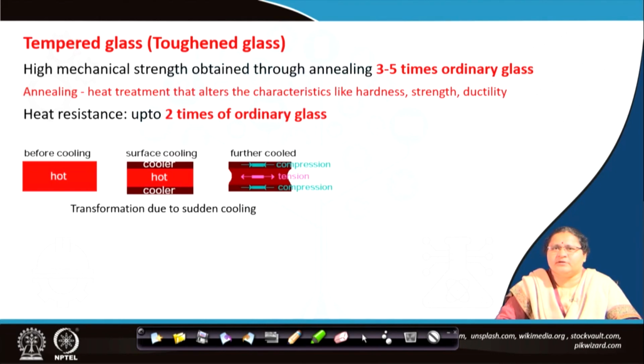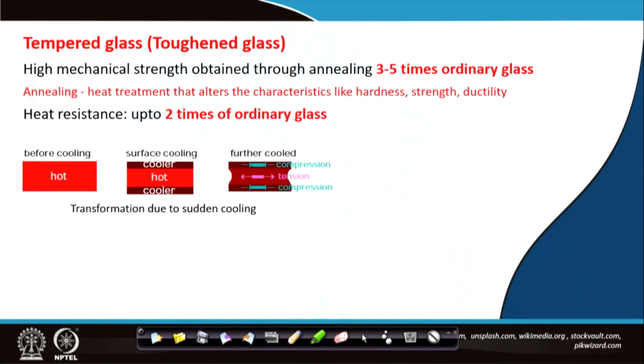So, do the people put up such a glass facade and still have a good sleep? They know that their glass will give them the protection. These are at least 3 to 5 times better in strength than ordinary glass. How? By the process of annealing. What is annealing?